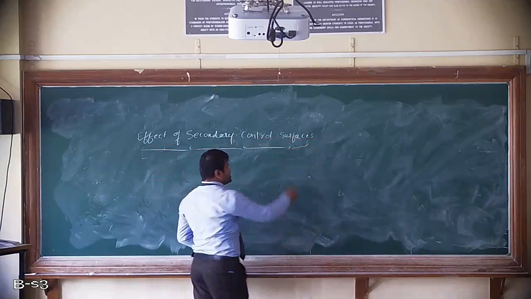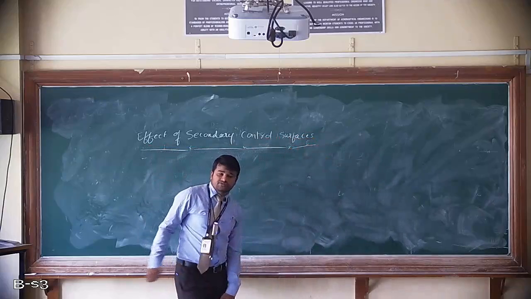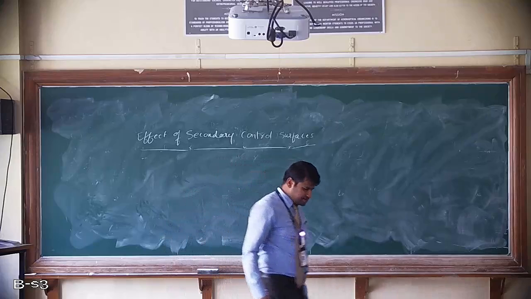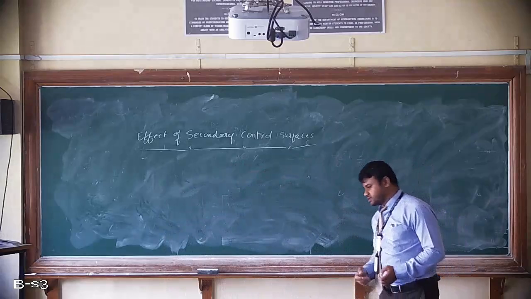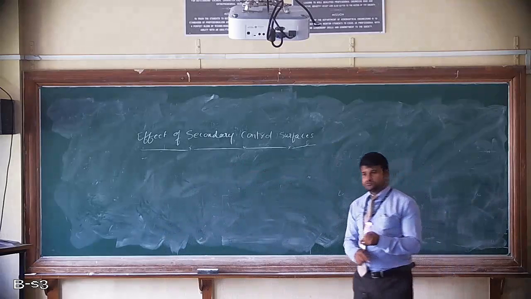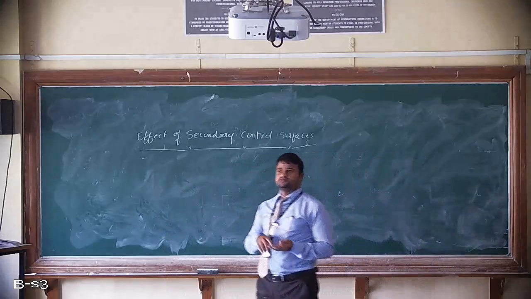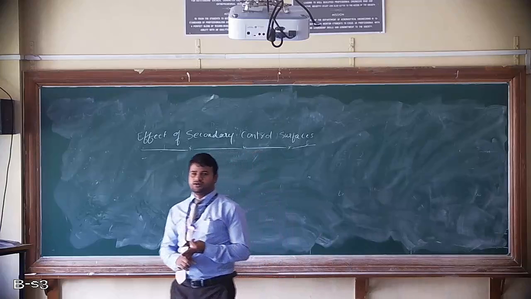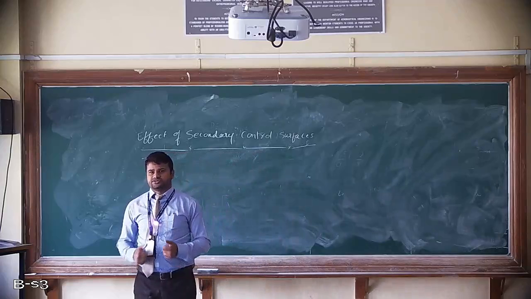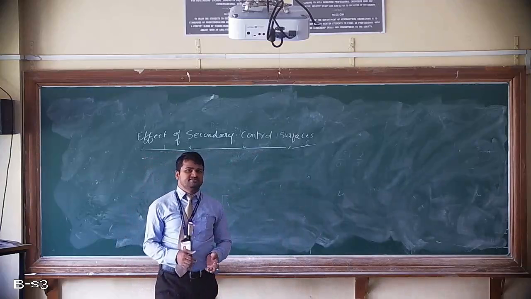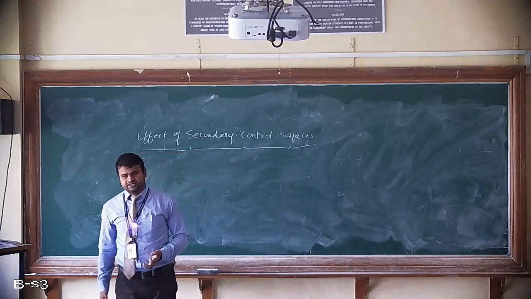We know which are the primary control surfaces in the aircraft. The primary control surfaces of the aircraft are ailerons, elevators, and rudders. All these three are considered primary control surfaces which control the airplane. Then which are the secondary control surfaces?